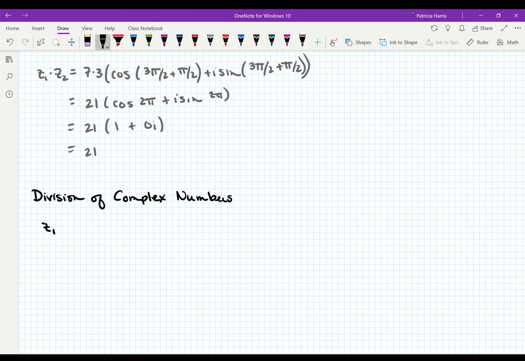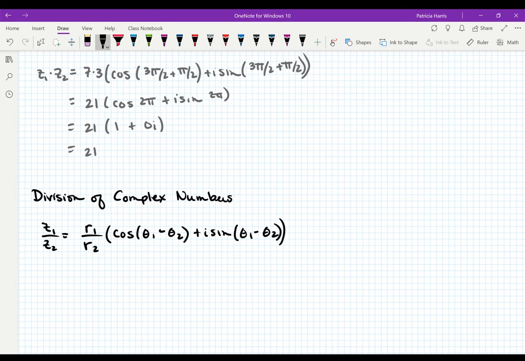So we're going to keep our definition, so we're going to do z1 divided by z2. So instead of multiplying our radius, we're going to divide them. And then we're going to subtract our thetas.